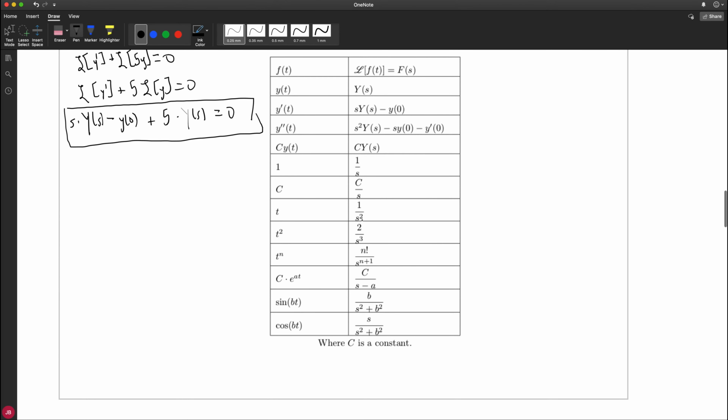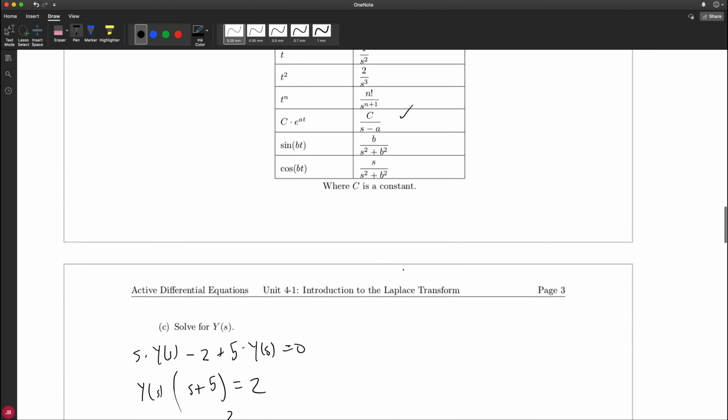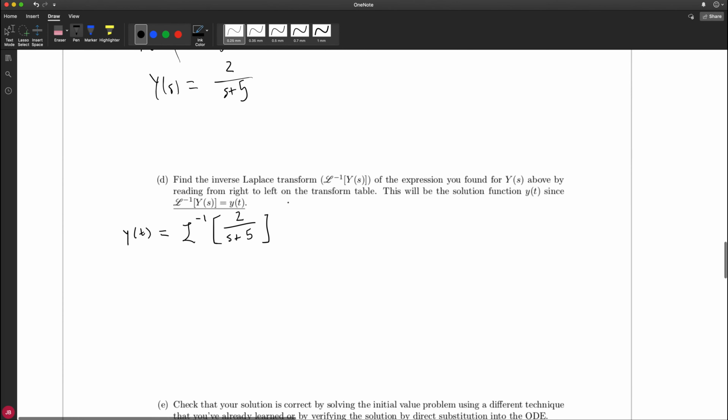Well, I would say that this one actually looks closest, right? We have a number 2 in our problem, and then divided by s plus a number, whereas this says s minus. Oh, but that's no big deal, because plus is just double negative, right? So this is actually the inverse Laplace of 2 over s minus negative 5, right?